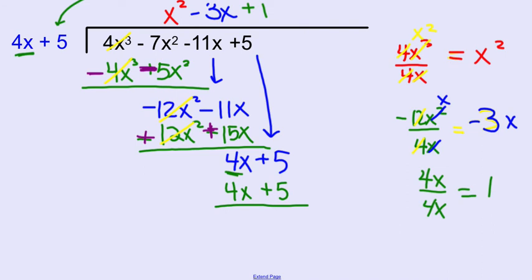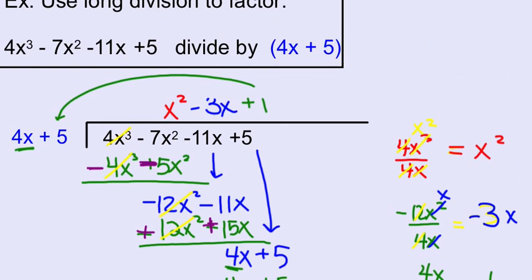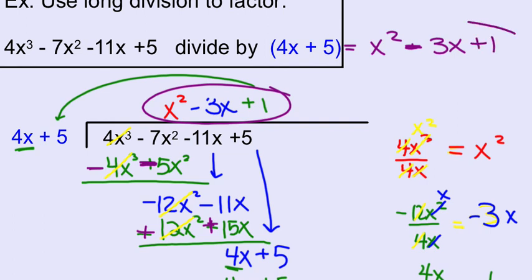Change your signs. Minus, minus, and you're left with 0. So no remainder. So your answer then is this right here: x squared minus 3x plus 1. This is your answer.